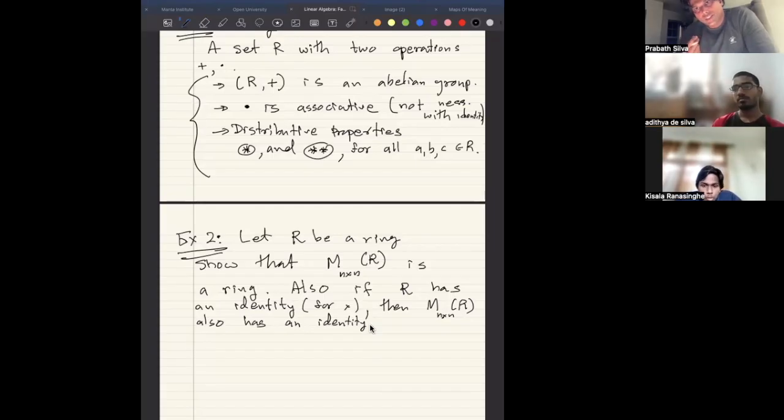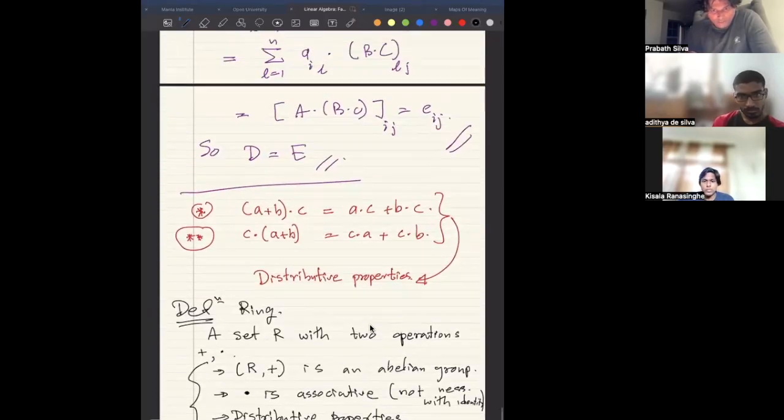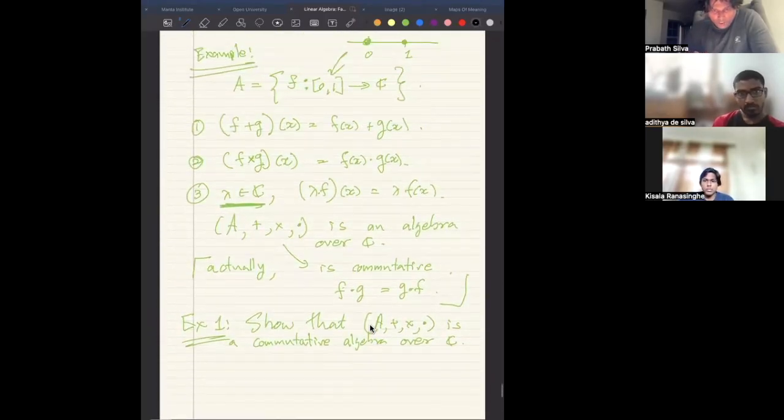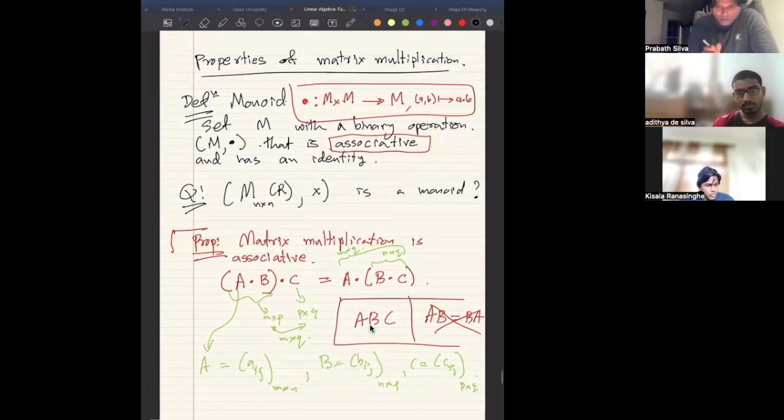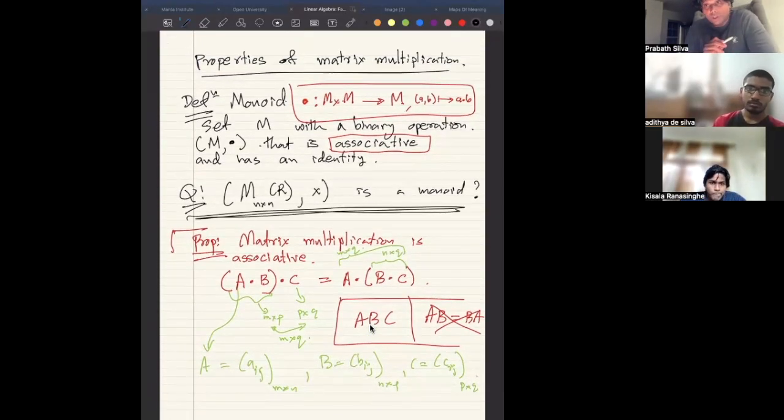In other words, if the ring R has identity, then this thing is true. It's going to be a monoid because it's associative, we already proved that, and then it's going to have an identity if the ring R has an identity.